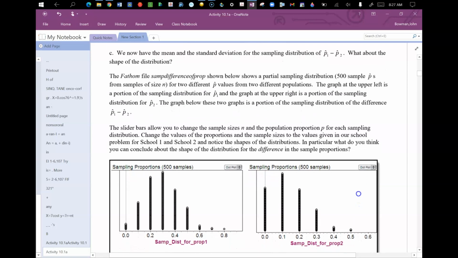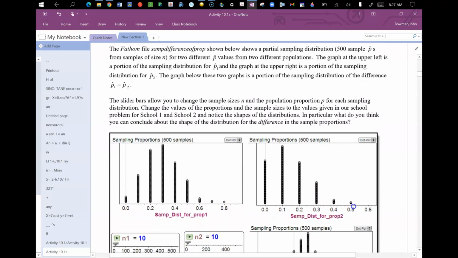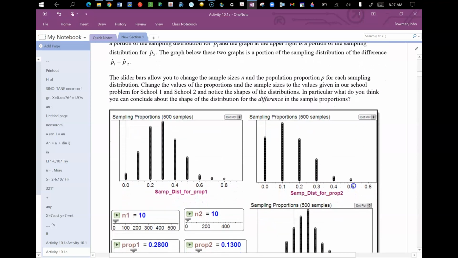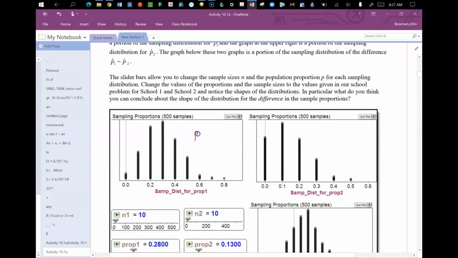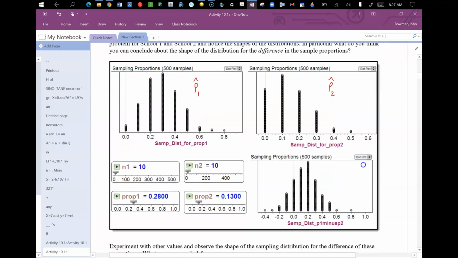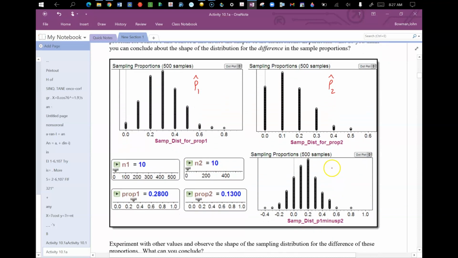What turns out to be the case, and if you want to see the demonstration, just ask me or Miss Harding to do it for you in class, is that if the sampling distribution for P1 hat and the sampling distribution for P2 hat are both approximately normal, then the sampling distribution of the differences is going to be approximately normal.